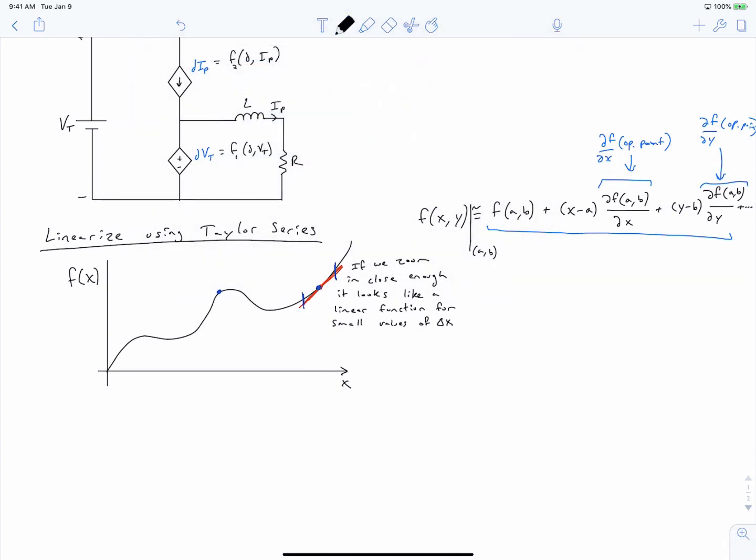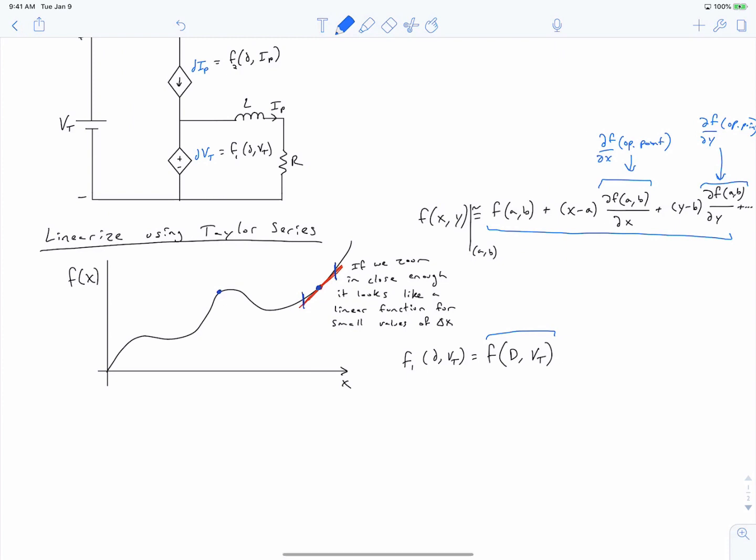We can say that in our system we have F1 of D and our throw voltage is equal to the function evaluated at a nominal operating point. And I'll use capital letters for this.